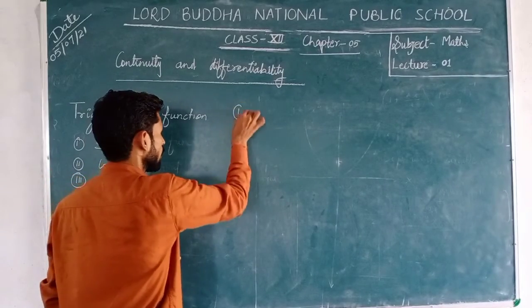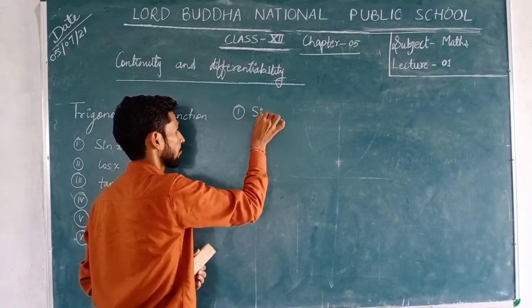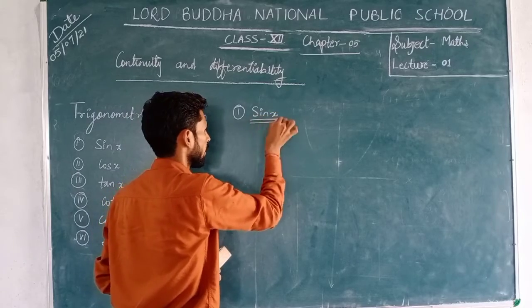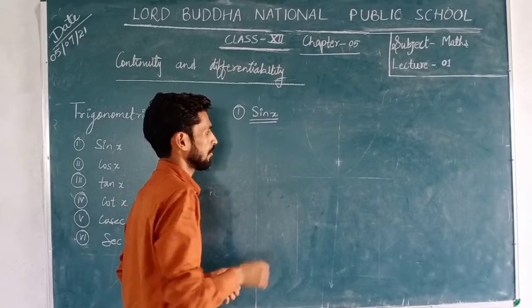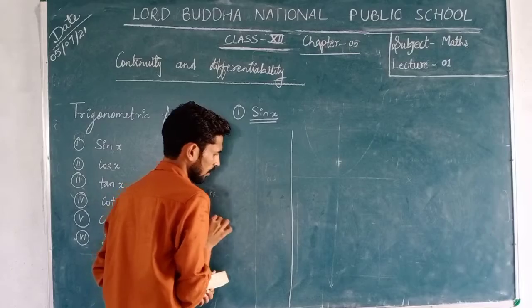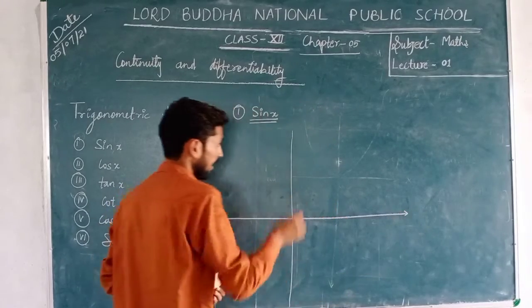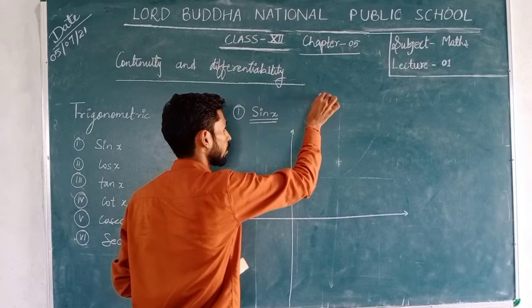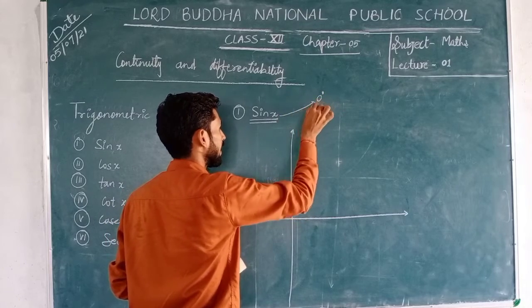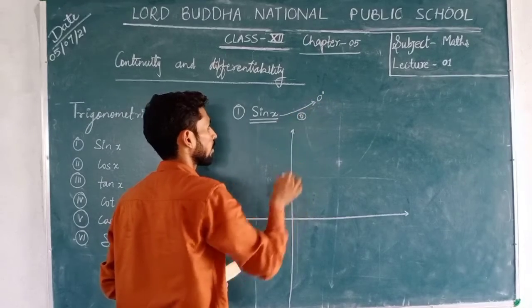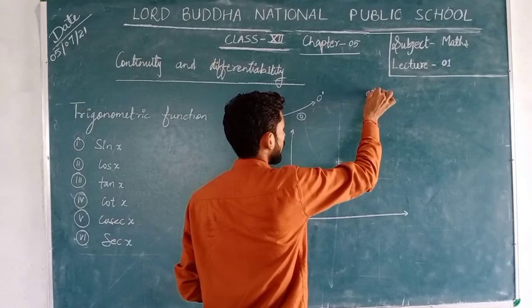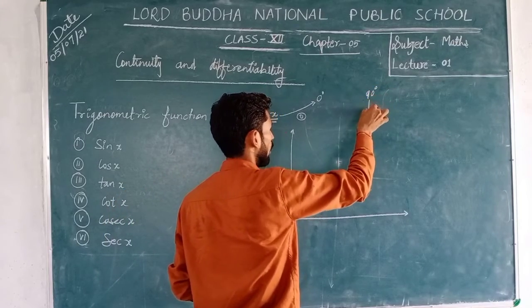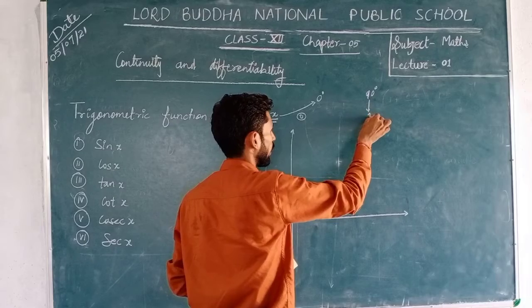For the function sin x, if we are taking this graph and function, then at 0 degree, the value of sin x is 0, and at 90 degree, the value of sin 90 degree equals 1.